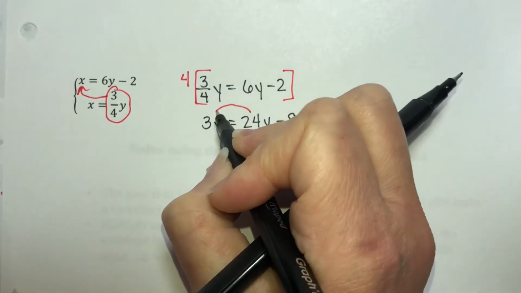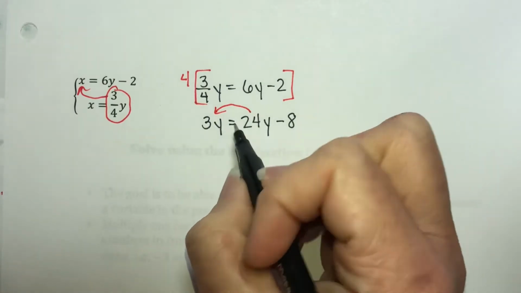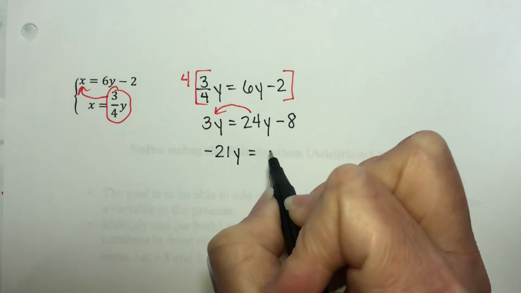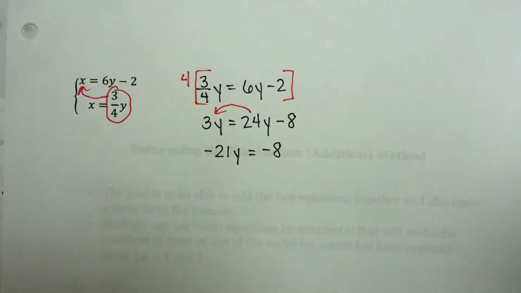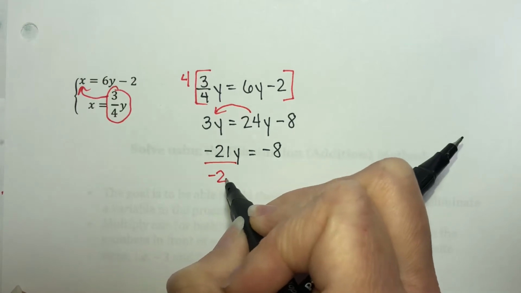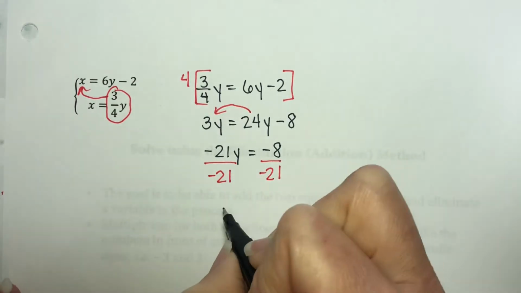Let's subtract 24y from both sides, and that gives me negative 21y is equal to negative 8. Now divide both sides by negative 21. And we get the fraction.